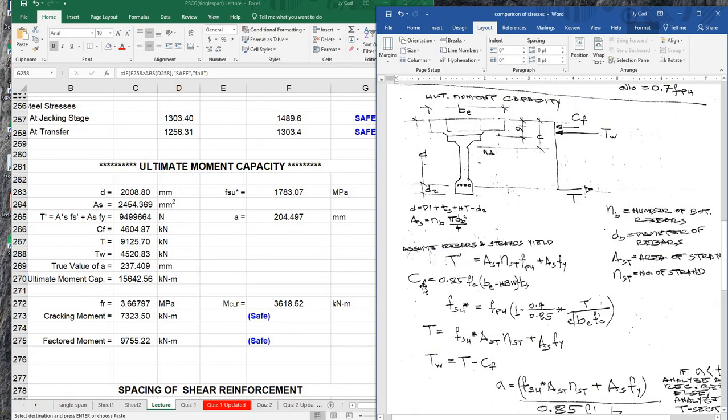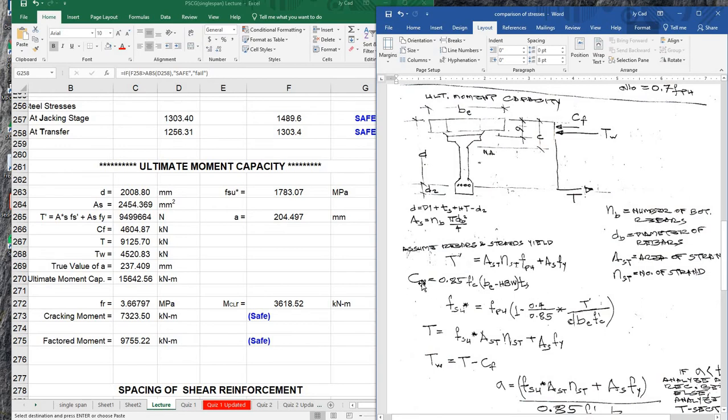Tapos, etong CF, this is the compression force due to the slab. Okay? Minus the haunch bottom width. Okay? So, this is 0.85 F prime C. Yan yung mga nandito sa labas. Okay? BE, effective width minus haunch bottom width multiplied by TS.